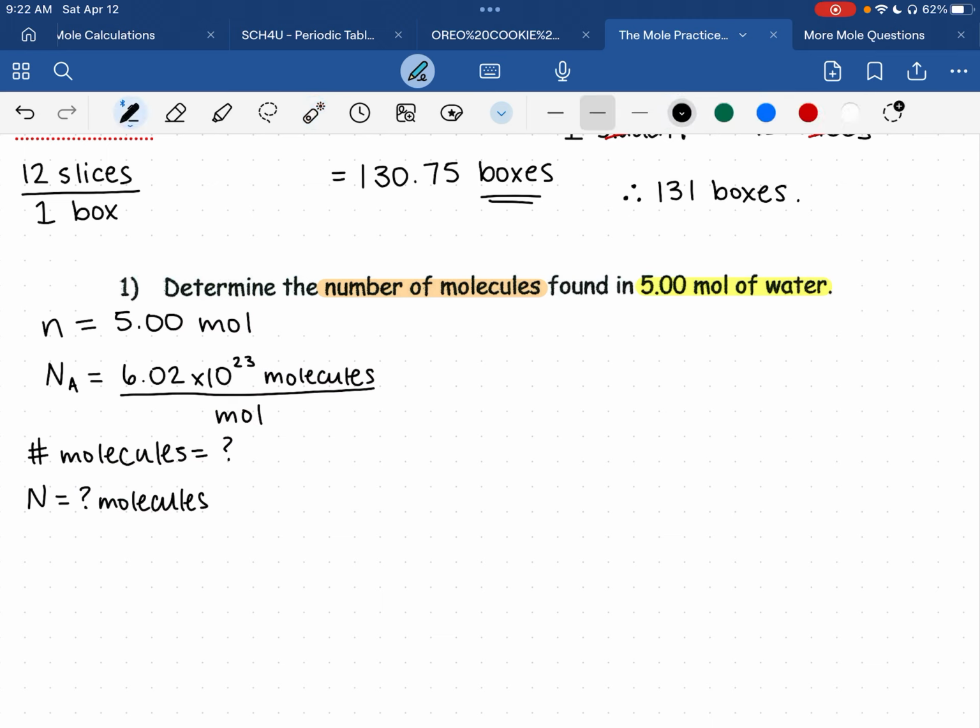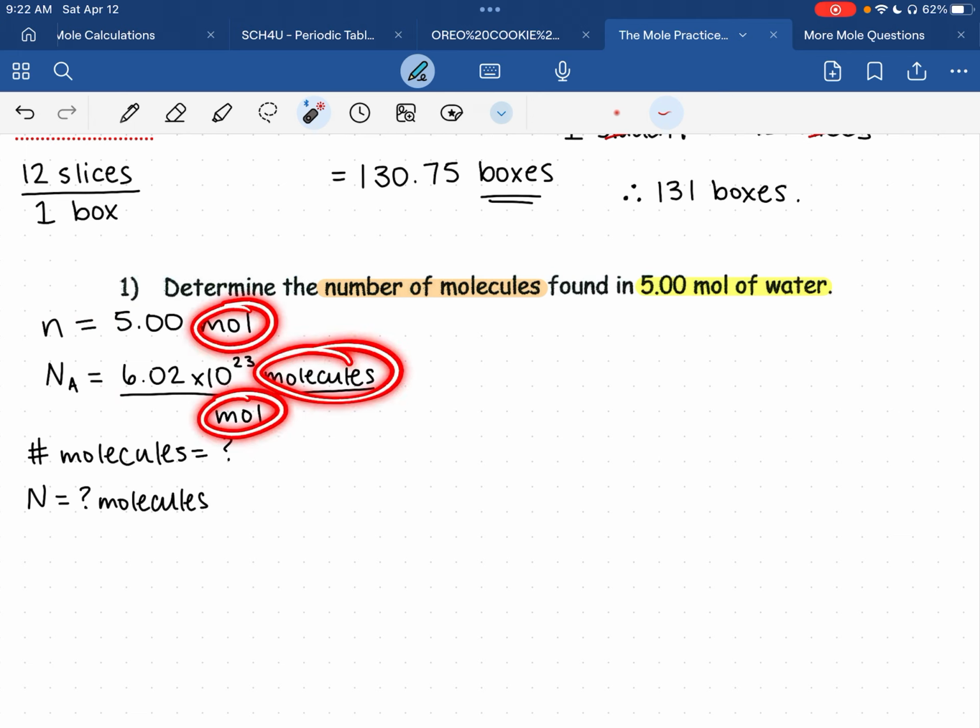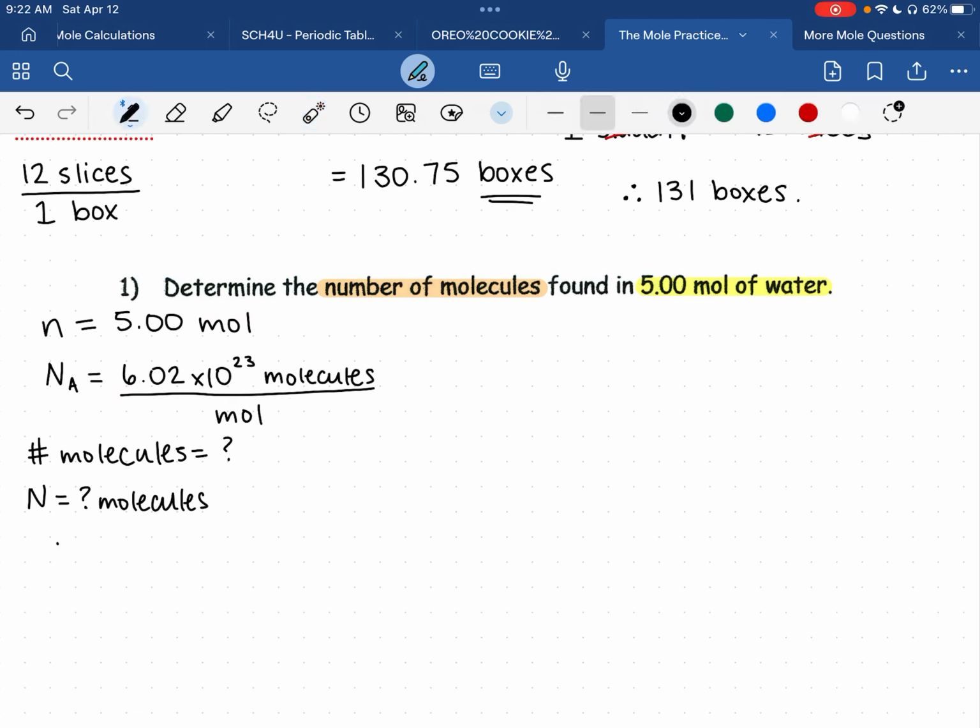So let's start setting up this equation. At this point, I usually just drop the placeholder and I only use these units. So number of molecules, that's our unknown, equals, and I'm going to start off with the number that doesn't have a fraction. Out of these two values, this one up here, the 5.00 mole, is not a conversion factor, so there's no fraction associated with it.